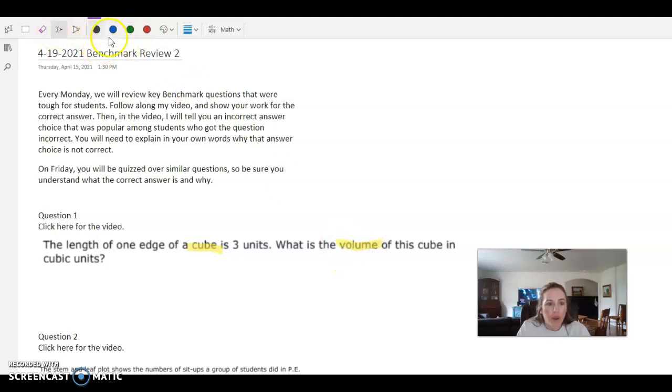We know that when we see the word volume, and that is what it's asking for, we need to make sure we write our formula. That formula, you don't have to memorize it. It is in the STAR reference material. Volume equals length times width times height.